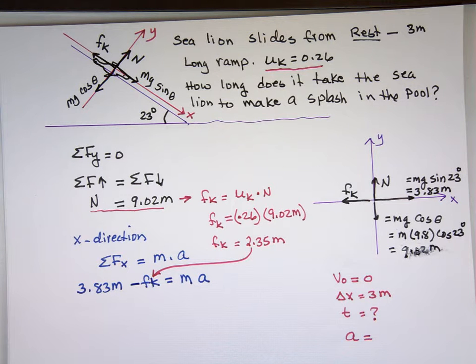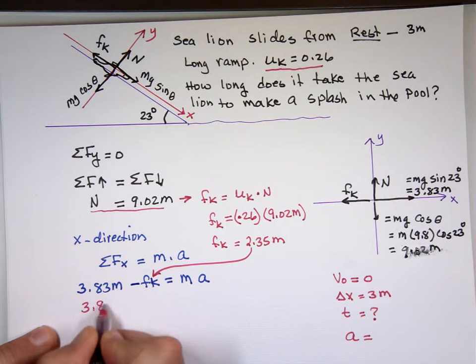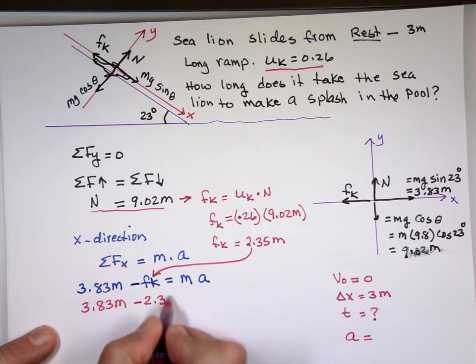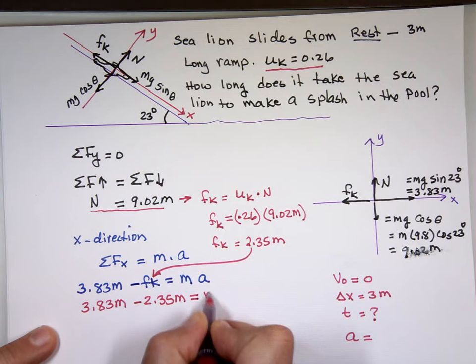So let's plug it in. 3.83 m minus 2.35 m equals the mass times the acceleration.